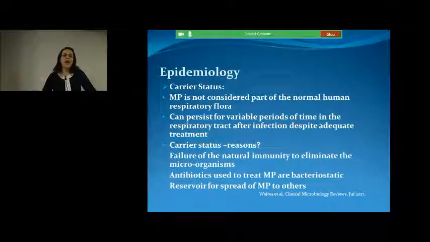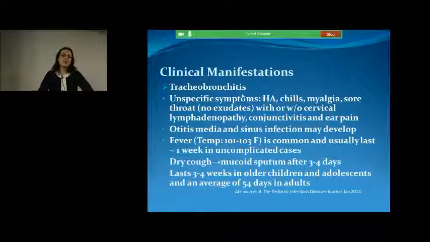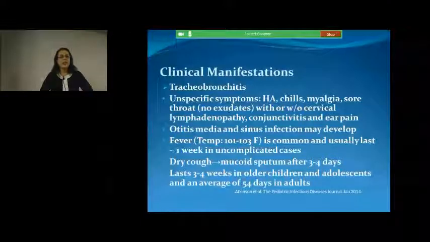So tracheobronchitis is the most common presentation of Mycoplasma in children. It starts with unspecific symptoms: headache, chills, myalgia, sore throat that does not show exudates, with or without cervical lymphadenopathy, conjunctivitis, and ear pain.